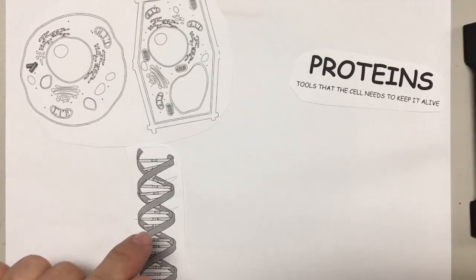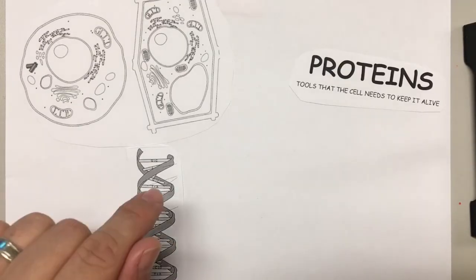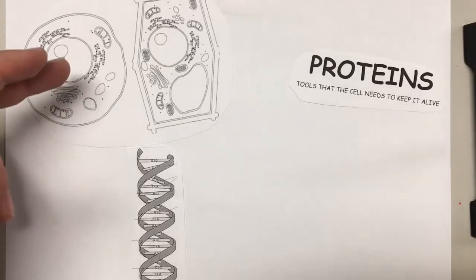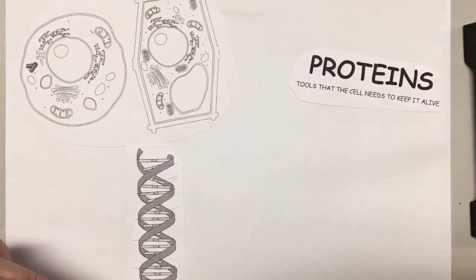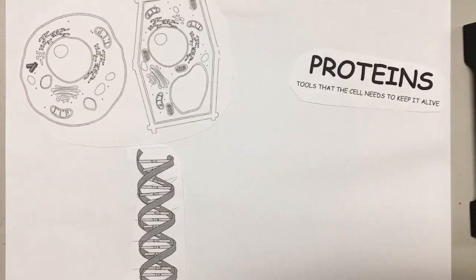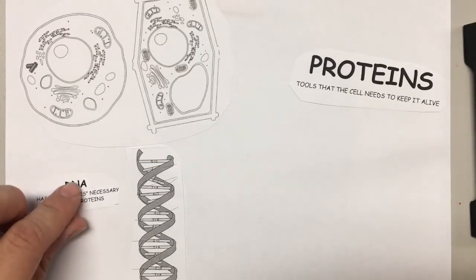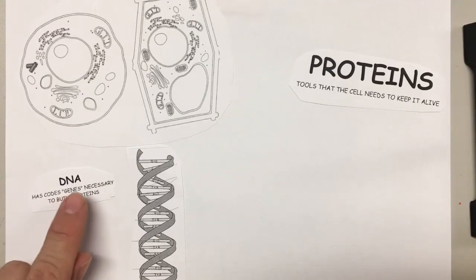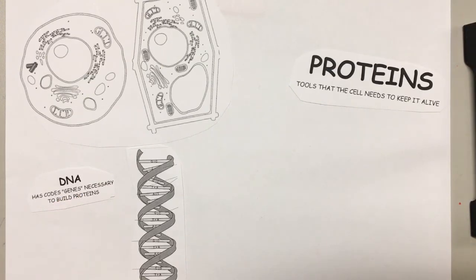Where did this DNA come from? From its parents, from the other cells. In our case, our parents gave us our DNA, and that's the DNA that's inside our cells. So why do cells need DNA? Because DNA has all the codes necessary to build the proteins.